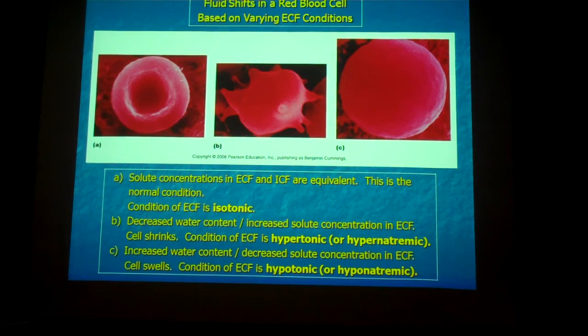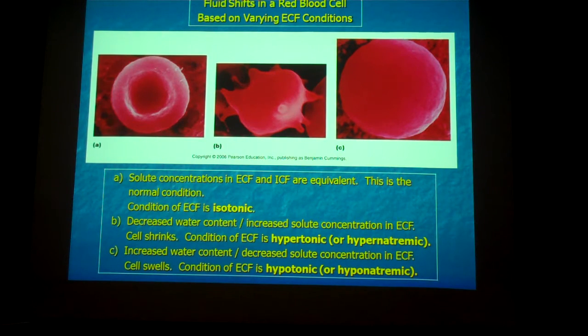So in this condition, the solute concentration in extracellular fluid and intracellular fluid are equivalent. This is a normal condition, and we refer to this as being isotonic, meaning the same tonicity on both sides of the cell membrane.